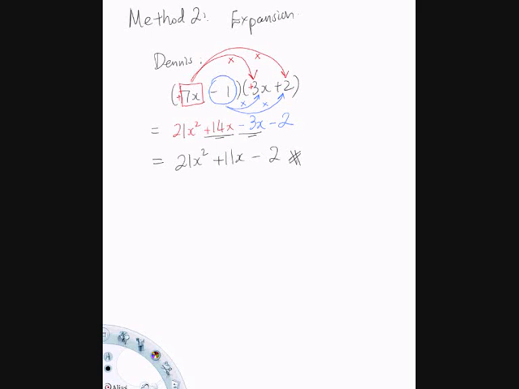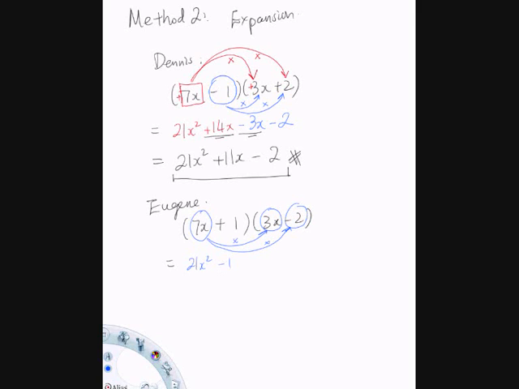So from Dennis's answer, after I do expansion, I get this. Now I work on Eugene's answer, following the same method of expansion. 7x multiplied by 3x gives 21x squared. 7x multiplied by minus 2 gives minus 14x.